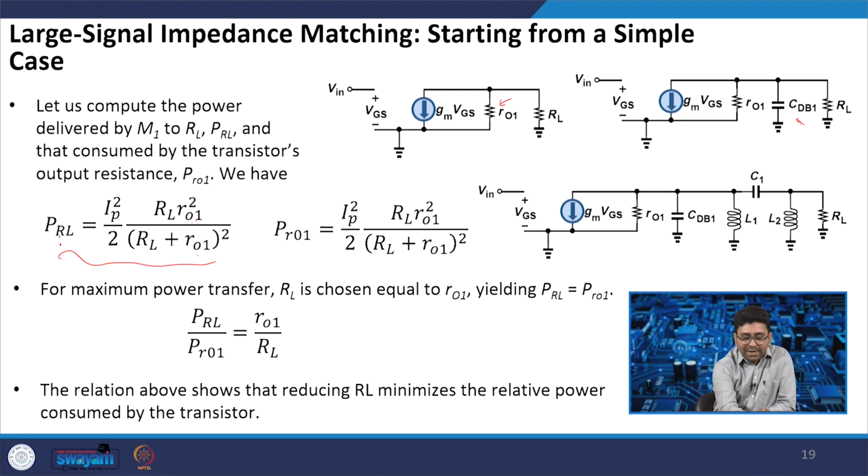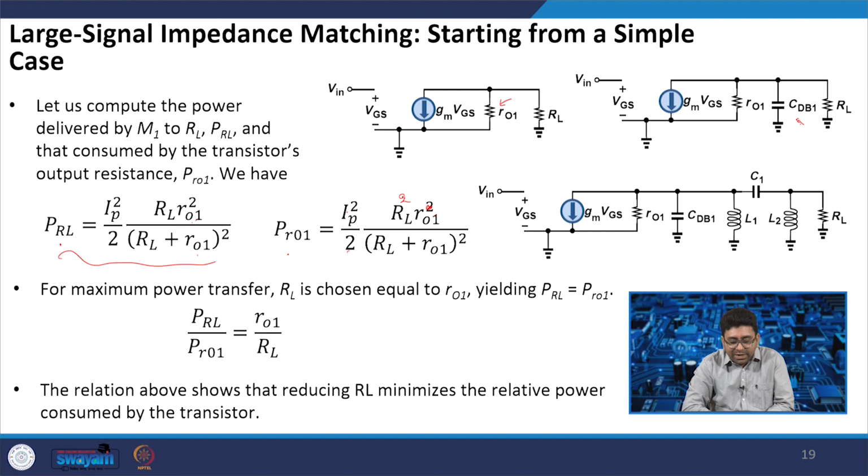And PRO1 is given by IP square by 2 RL into RO1 square by RL plus RO1 square. So, in the two cases, in one case RL square will be there, and in the other case RO square.